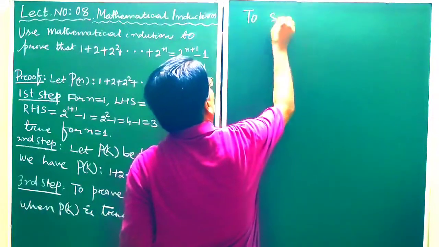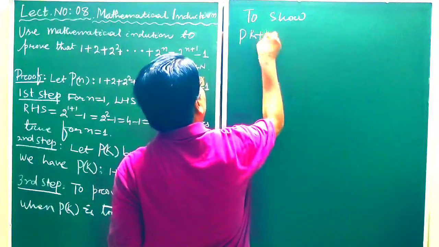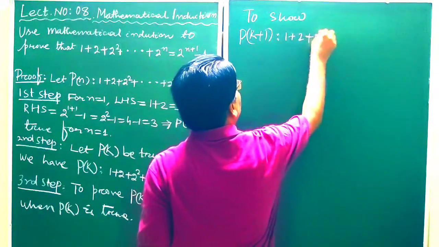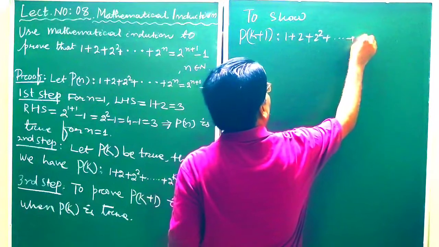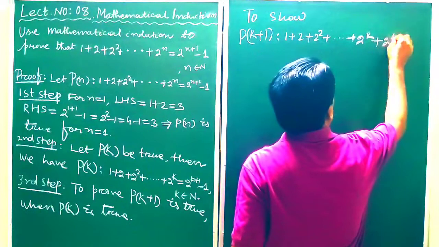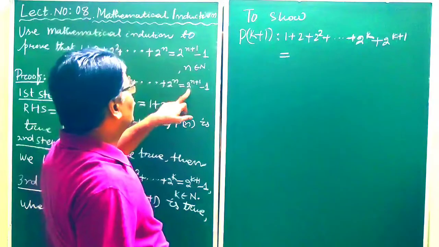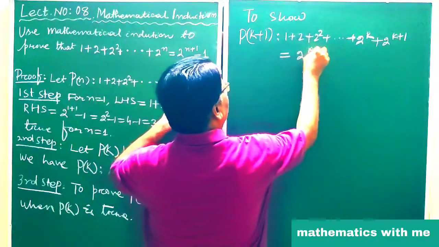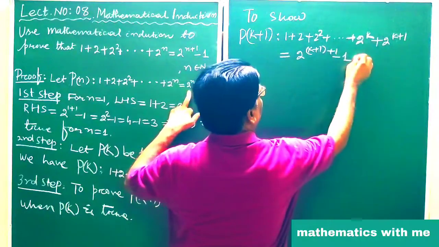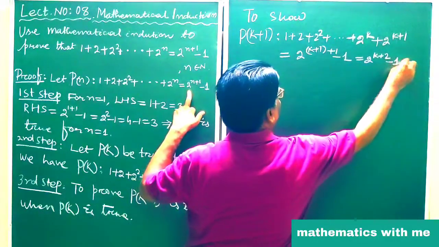That is, to show P(k+1) stands for 1 + 2 + 2² + ... + 2ᵏ + 2ᵏ⁺¹, and we have to show that this is equal to 2ᵏ⁺¹⁺¹ − 1, that is, 2ᵏ⁺² − 1.